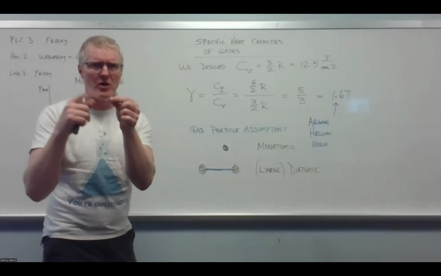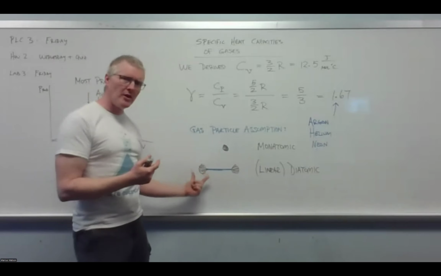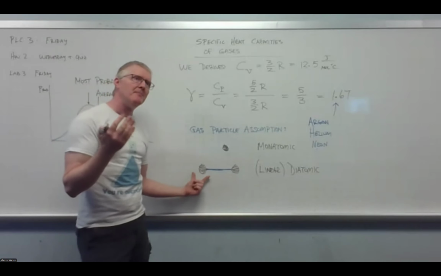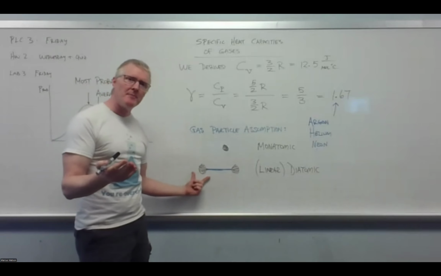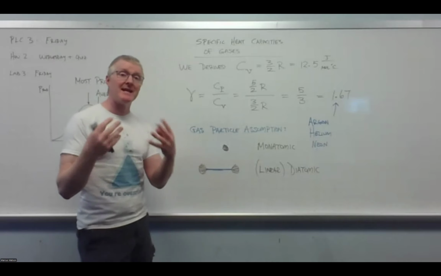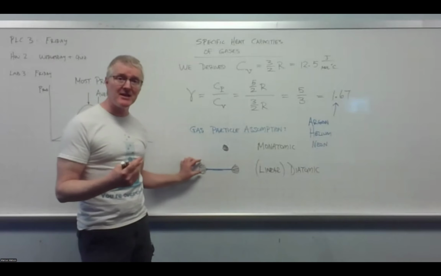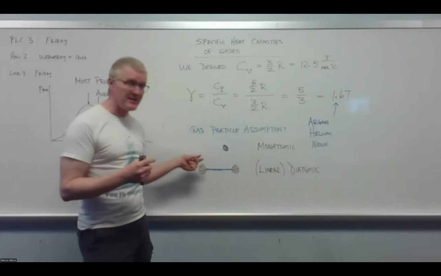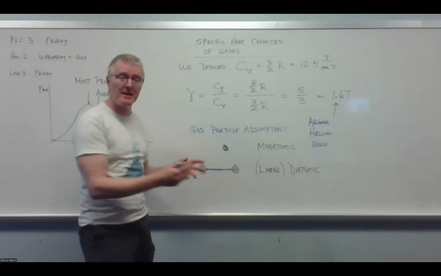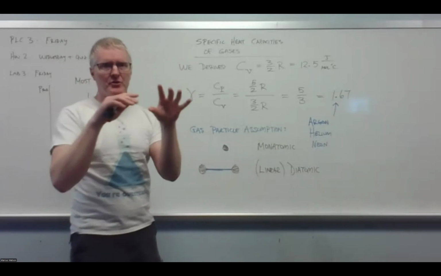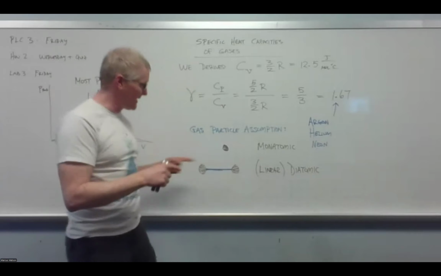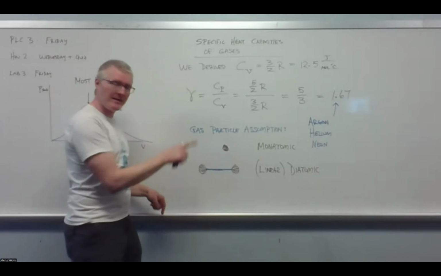There's no lever arm. So I'm drawing these in a kind of misleading way, because we're assuming as an ideal gas that these are also points, connected by a string, and it's not going to be able to rotate along its axis this way.